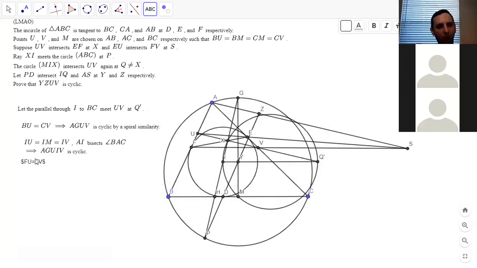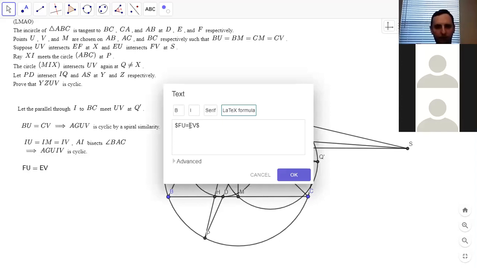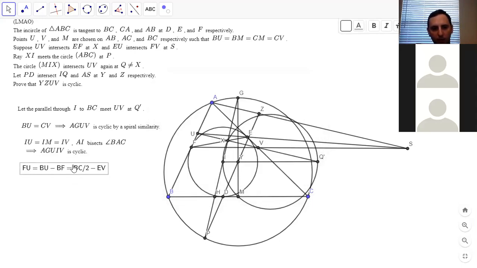Because BU is BM, and BF is (BA plus BC minus AC) over 2. So FU is BU minus BF? Yeah, and BU is BM, which is half of BC. So BC over 2 minus (BA plus BC minus AC) over 2.